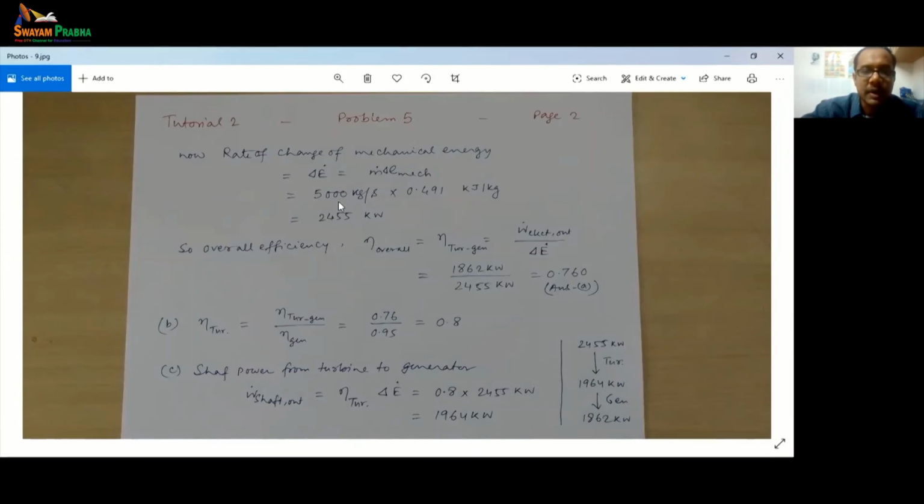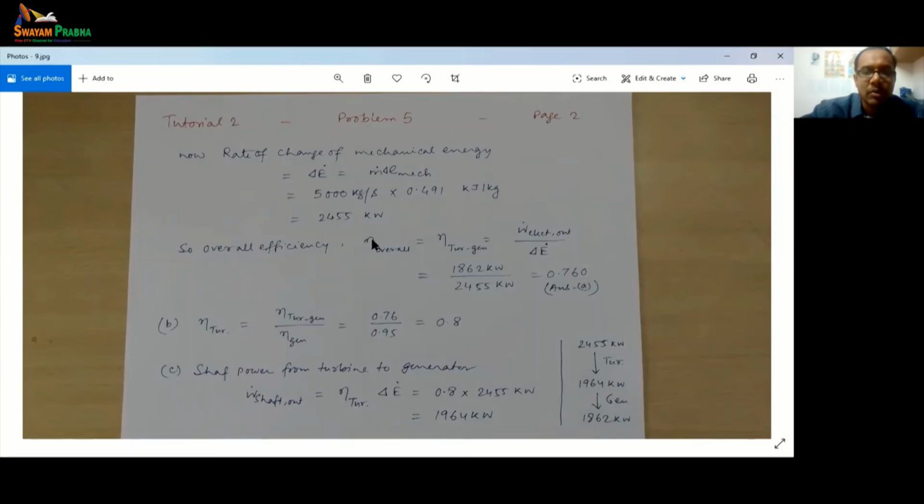So this 5000 kg per second is multiplied by now 0.049, we have converted it to kilojoule, that's why it's 0.491 kilojoule per kg, and that gives us 2455 kilowatt. That's the mechanical energy available to the turbine.